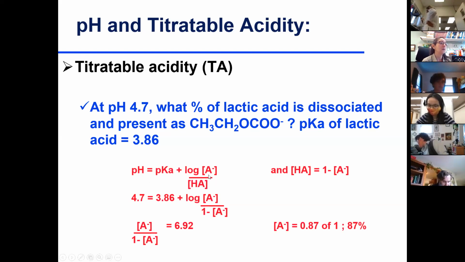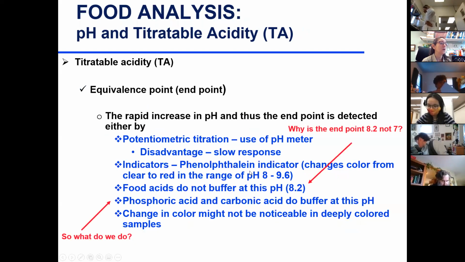All right, good. So equivalence point. Like I said, when we reach equivalence, we see a rapid increase in pH. So the last drop that we add, which is base, when all the H's are gone or utilized or given, then the last drop of OH minus or of the base is going to increase the pH rapidly.